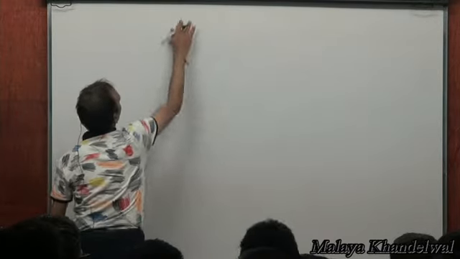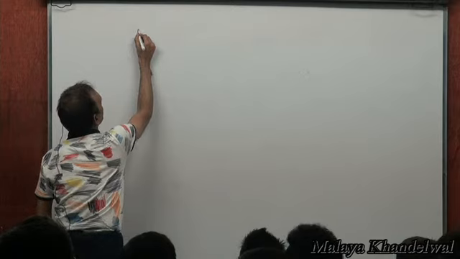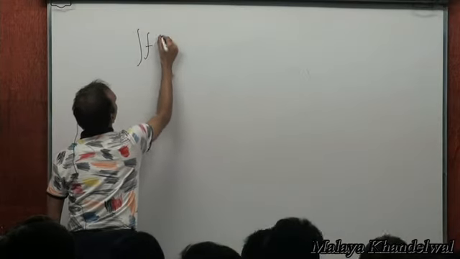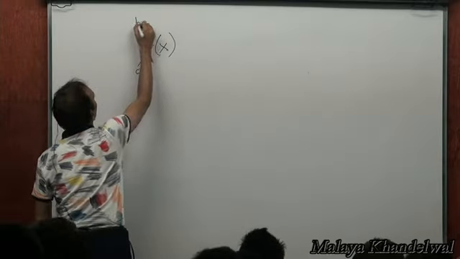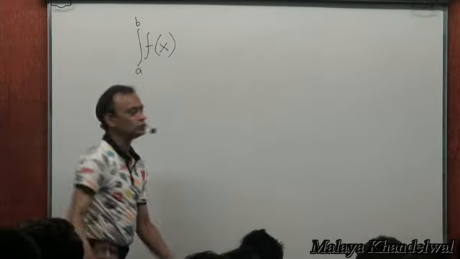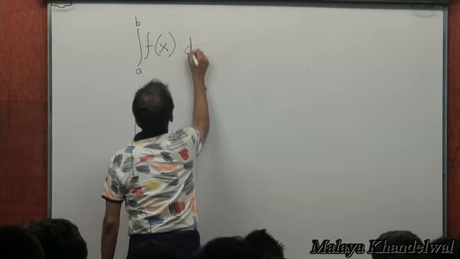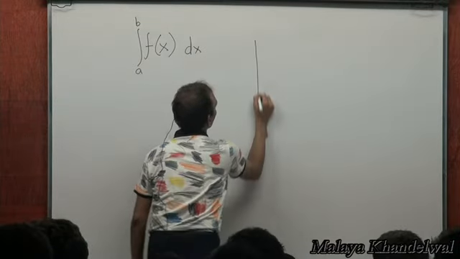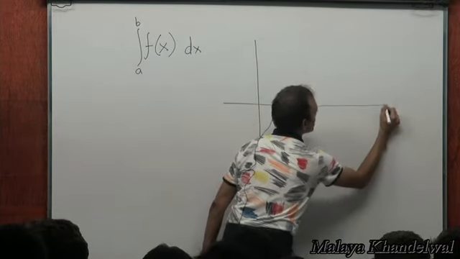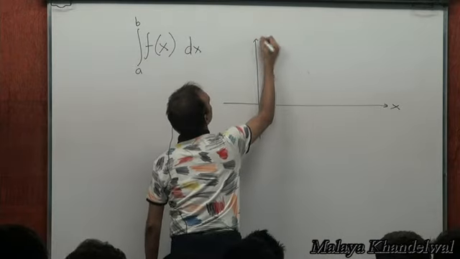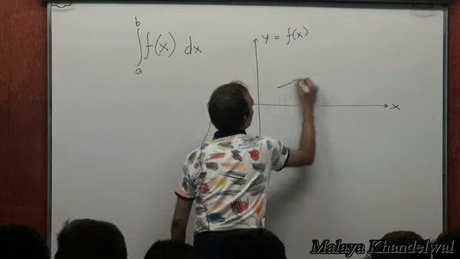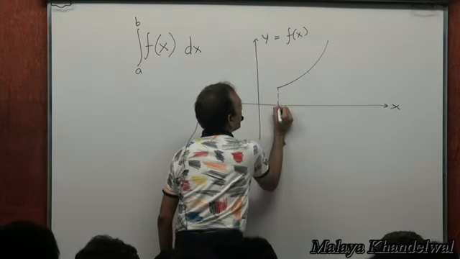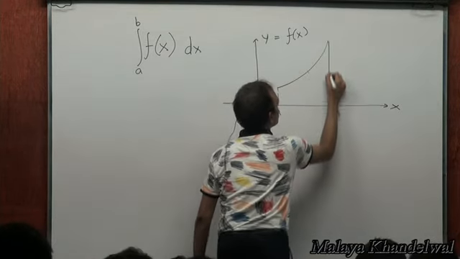Now, integral f(x) dx from a to b, we'll be able to show, not right now, but we'll be able to show, actually represents the area under the graph of y equal to f(x) from x equal to a to x equal to b.